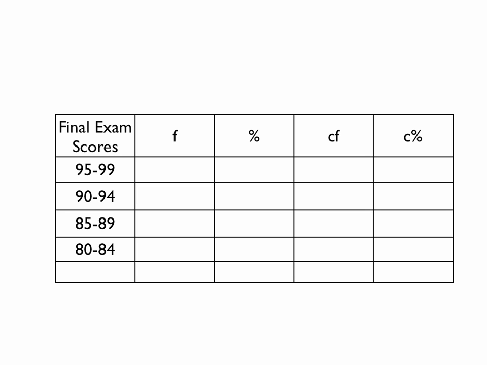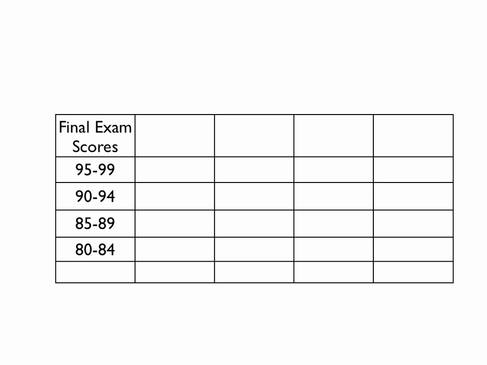All right, so now that you have this table, you can start filling in the frequency, relative frequency, cumulative frequency, and cumulative relative frequency. Just do this as we did before by tallying up scores to get the frequency. So pause it here if you haven't done it yet.